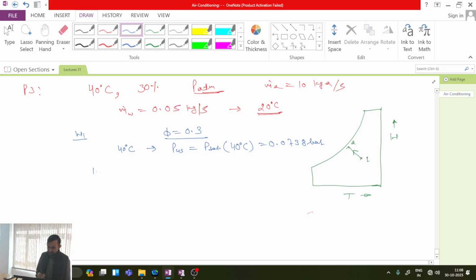If this is known, then W1 will become equal to, tell me, 0.622 phi Pws upon P minus phi Pws. If you calculate W1, then how much is it?